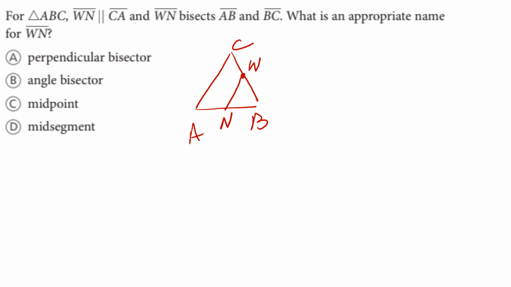WN bisects AB and BC. Yes, W and N are the midpoints, so they are bisecting the segments. What is an appropriate name of WN? You know that this is called the mid-segment.